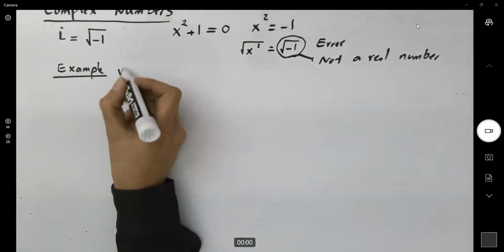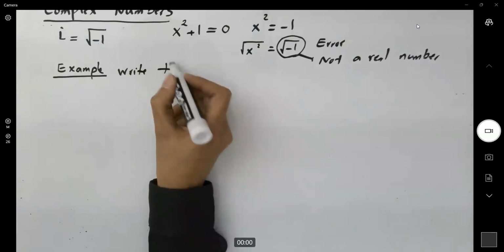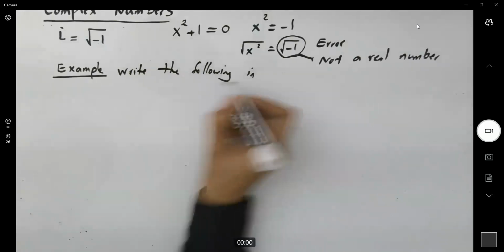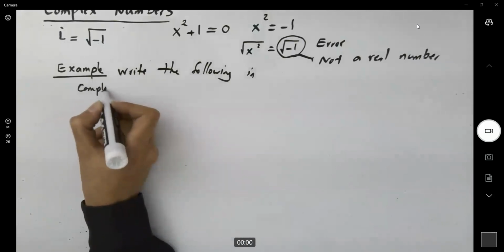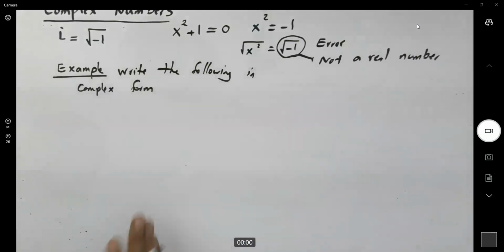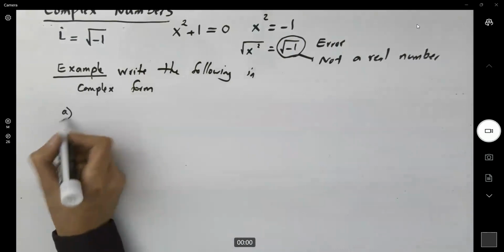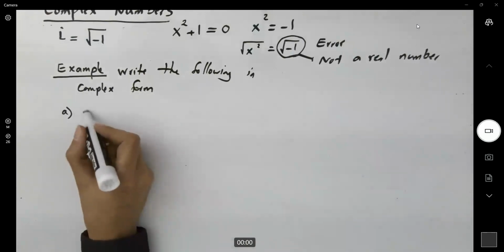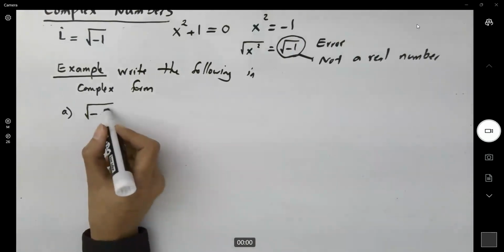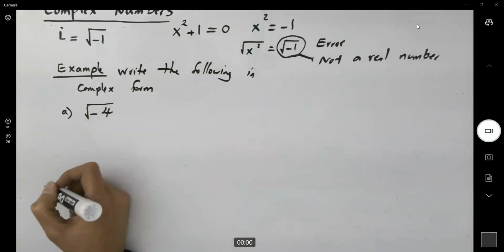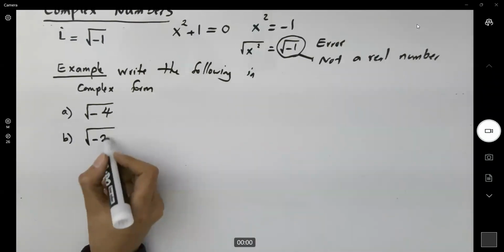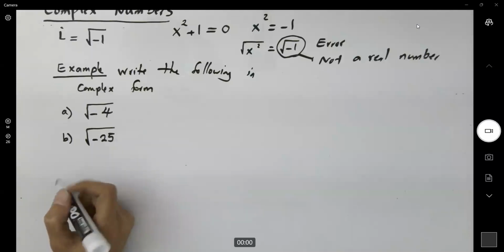Example. Question says, write the following in complex form. The very first number given to us is square root of -4. The second number is square root of -25.